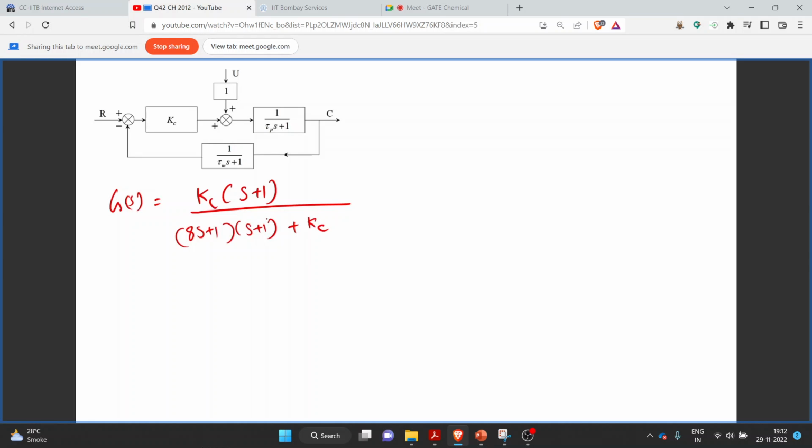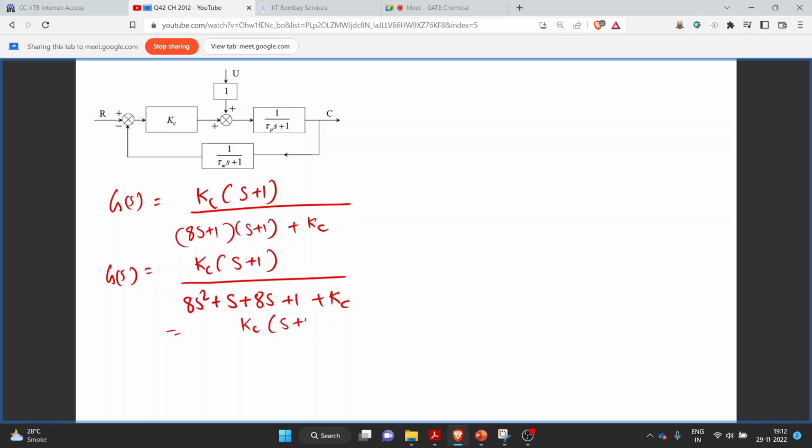Now we can open this bracket and simplify this further to write this as 8s square plus s plus 8s plus 1 plus Kc. So this will become 8s square plus 9s plus 1 plus Kc.